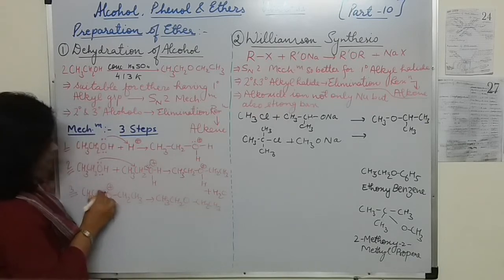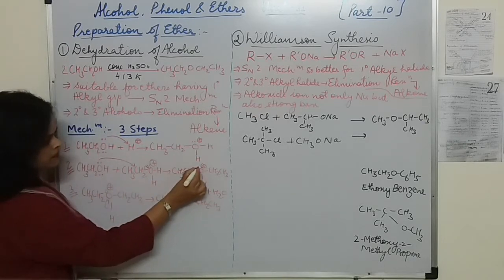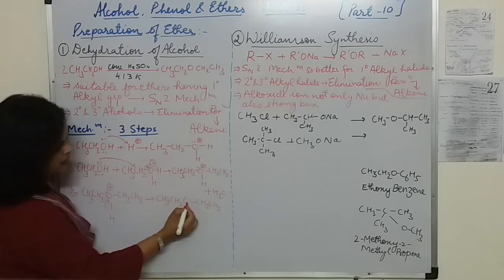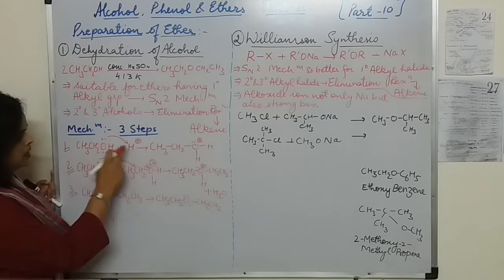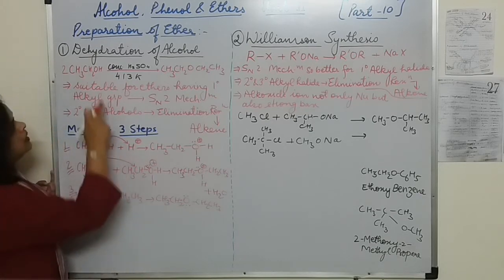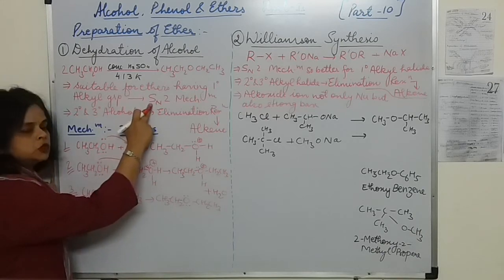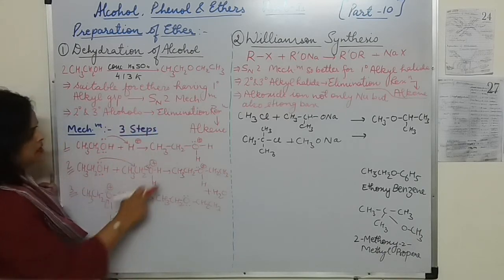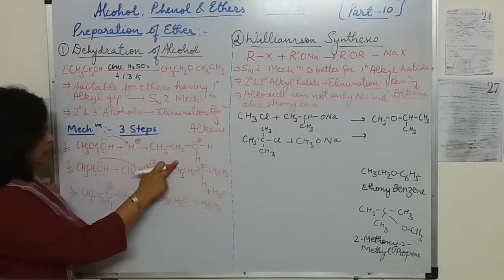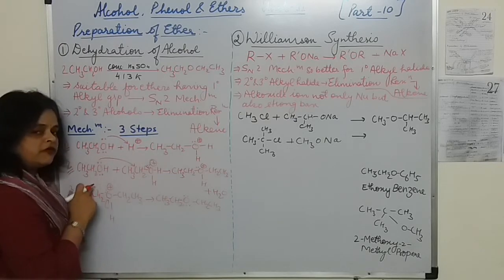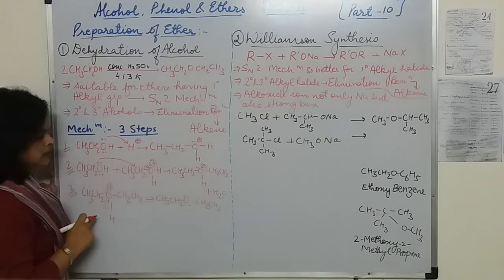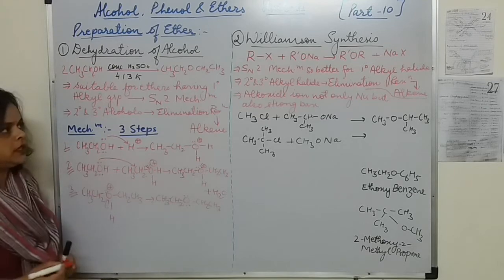One lone pair of electrons was already there and one electron pair it will regain. So in these three steps, the alcohol gets converted into ether, following the SN2 mechanism. In the first step, protonated alcohol is formed, in the second step, nucleophilic attack of another alcohol molecule takes place, and in the third step, elimination of proton takes place.